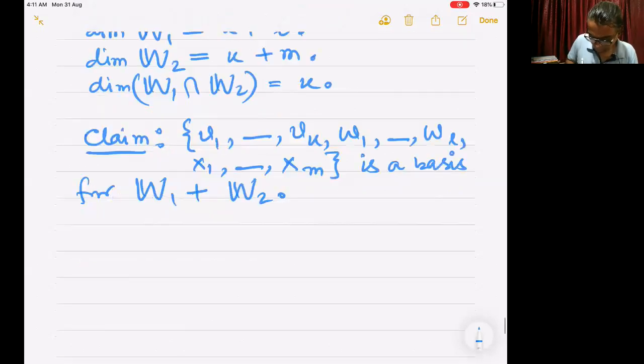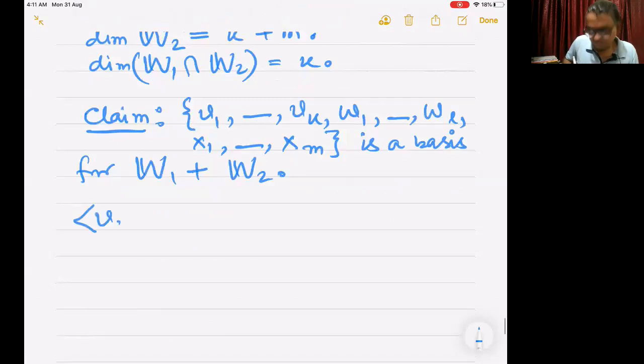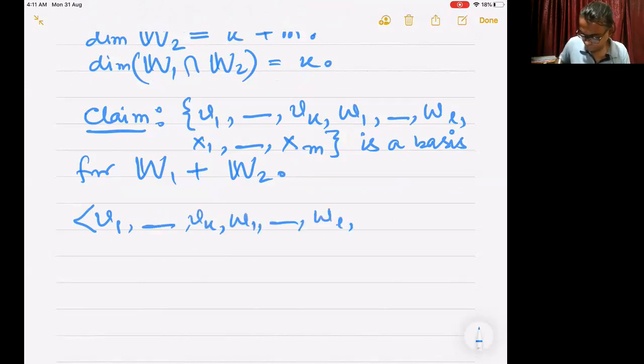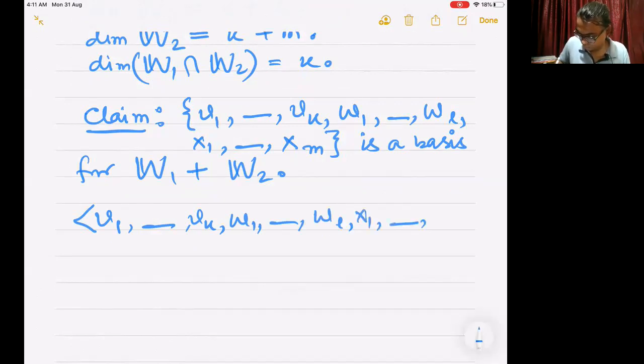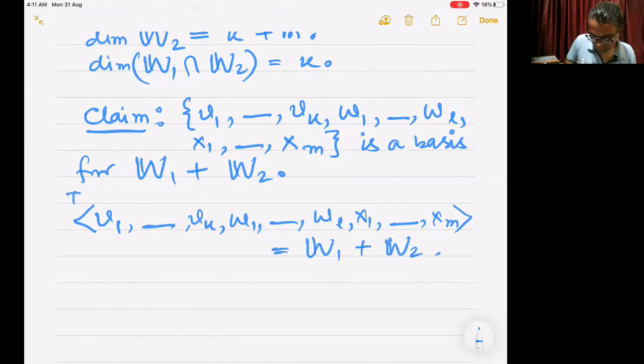First thing, what do I have to prove in order to show that this is a basis? I have to show that it generates, and then I have to show that it's linearly independent. So first thing, this indeed spans W1 plus W2. To show that, this is in fact obvious. Why?